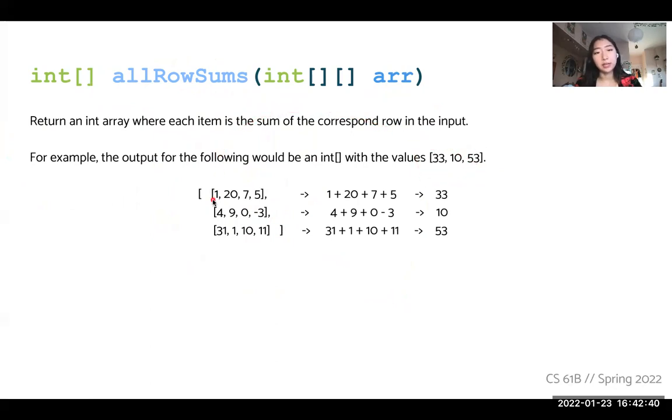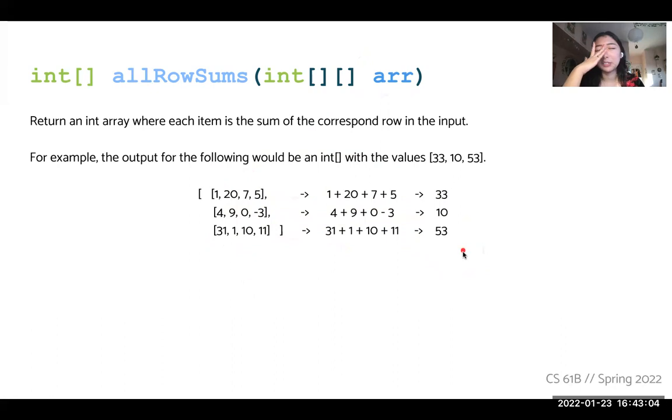And we'll see why. It's because the first row, or the first int array in our MultiR, has the sum 1 plus 20 plus 7 plus 5, which is 33. The second one is 4 plus 9 plus 0 minus 3, which is 10. And then 31 plus 1 plus 10 plus 11, which is 53.